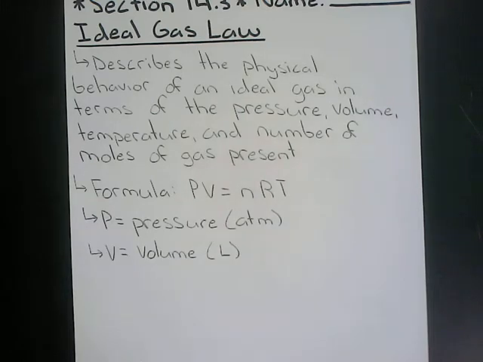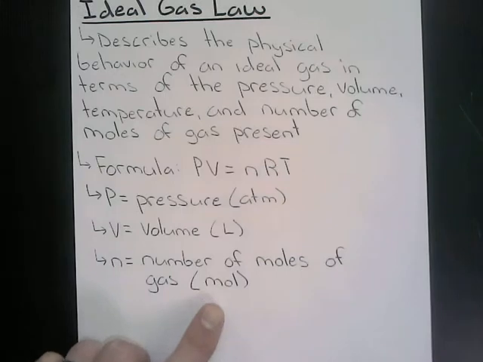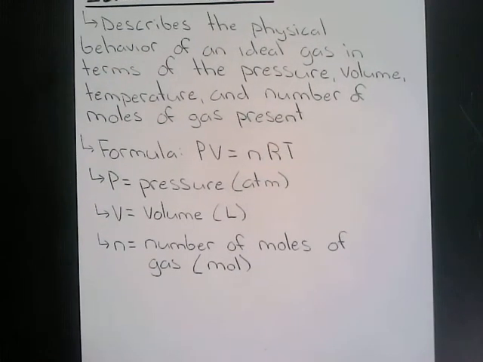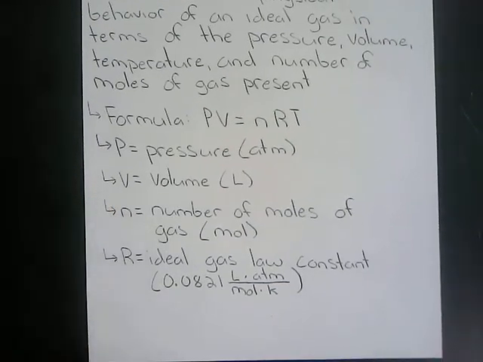The N stands for number of moles of gas, and it is in units of moles. R stands for the ideal gas law constant, and that value is 0.0821 liter atmosphere per mole Kelvin. And the T stands for temperature, which needs to be in units of Kelvin.